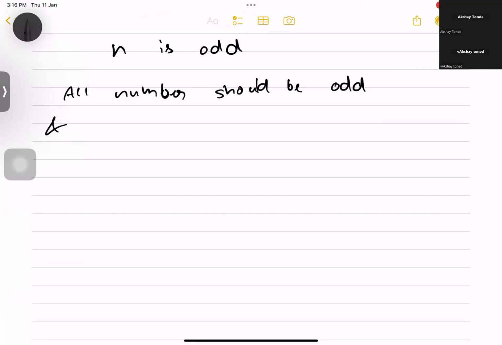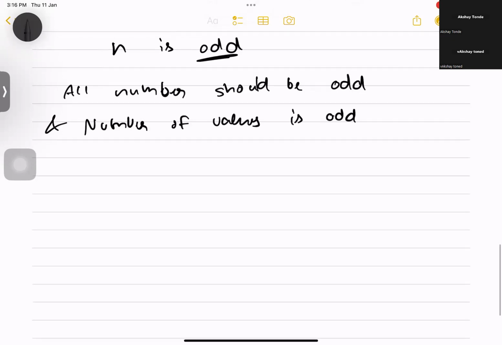And another condition is, since it is odd, the number of numbers we include should be odd, right? So the number of values is odd. In the previous case, the number of values had to be even, because only then a sum of even is achievable. If n is odd, the number of values has to be odd, only then a sum of odd is achievable.